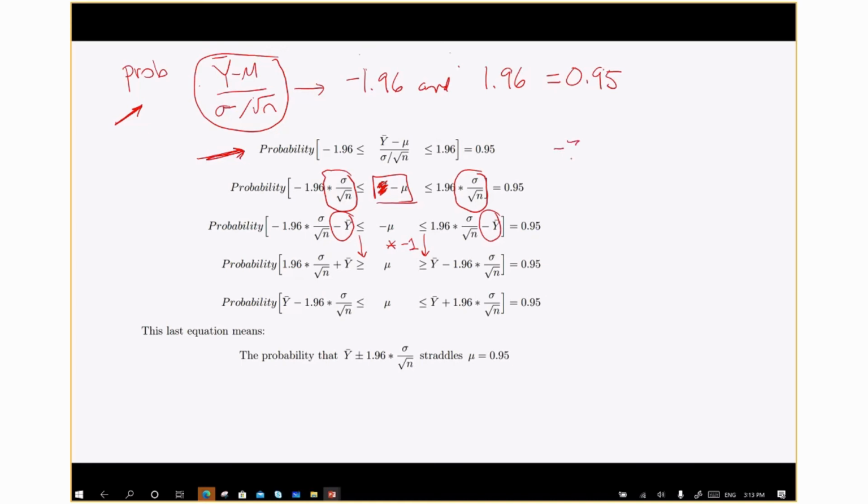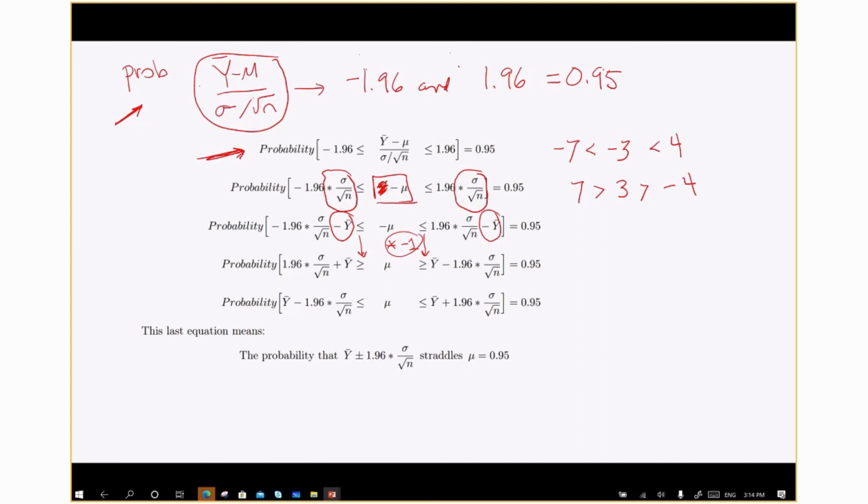Minus 7, which is less than minus 3, which is less than 4. Now, let's multiply everything by minus 1. What do we get? We get 7, we get 3, and we get minus 4. Now, in order to make that work, what we have to do is flip the inequality signs, so now we've got a true statement. So that's what's happening here. Everything is multiplied by minus 1, and as a consequence, we've flipped the inequality signs.